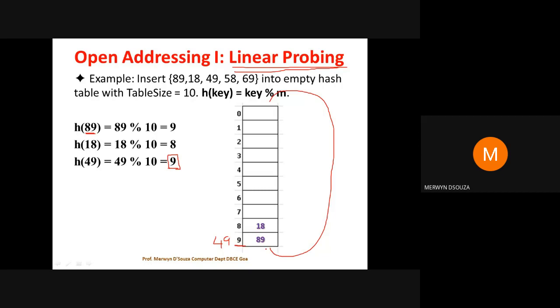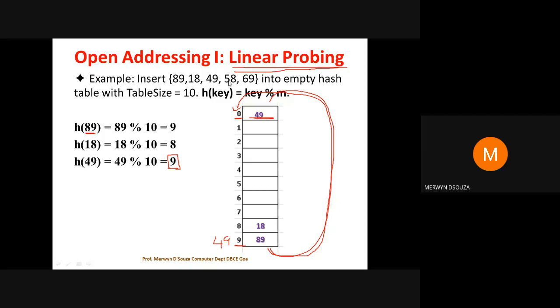So I go to the next position at 0 and check whether that position is full or empty. Since I find this position empty, I will insert 49 here. This process is known as linear probing. Understood? You're considering this in a circular fashion.